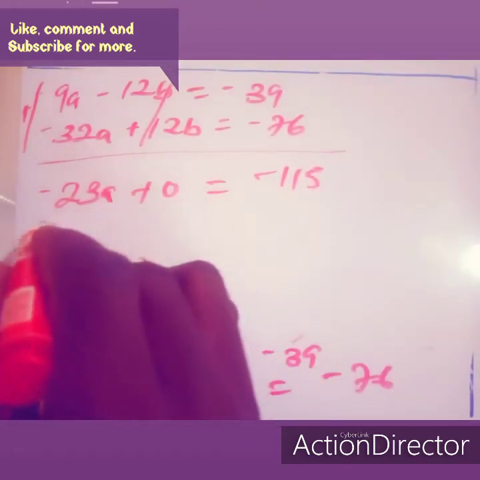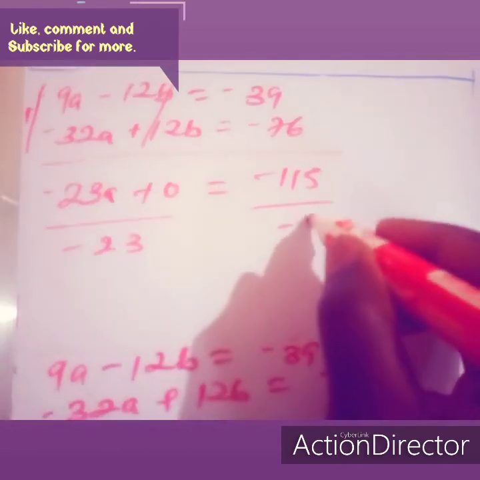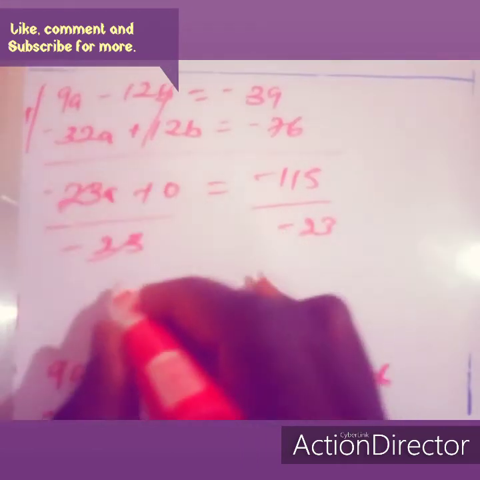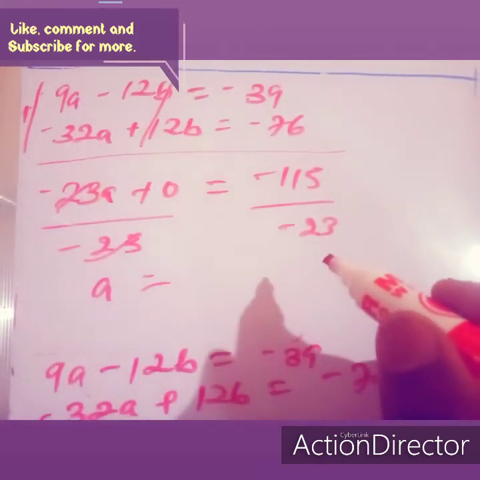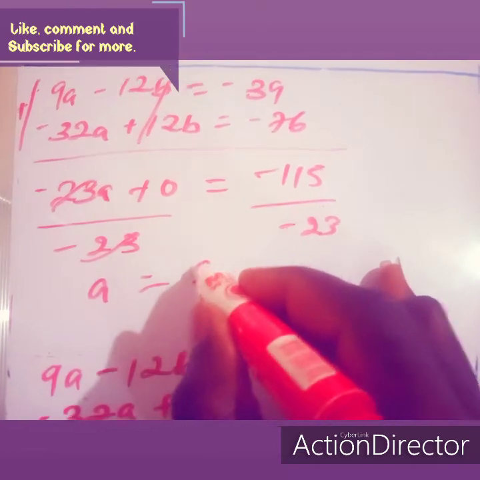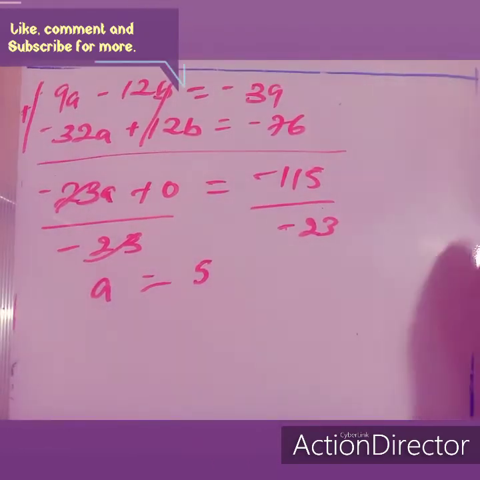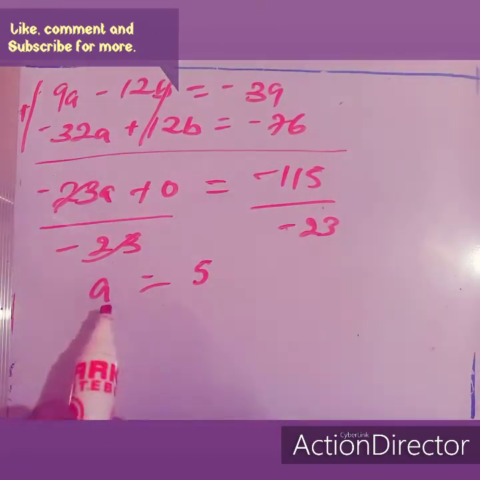So we can divide by minus 23, divide by minus 23. So our a will be equal to 5. Then if that is the case, we can substitute where there's a with our 5.